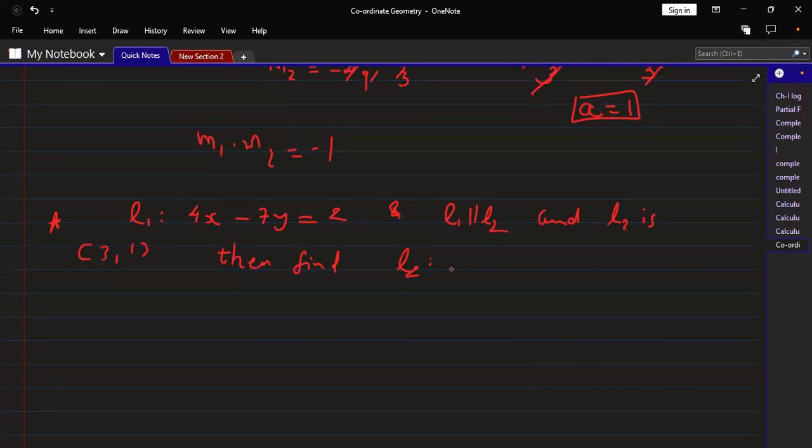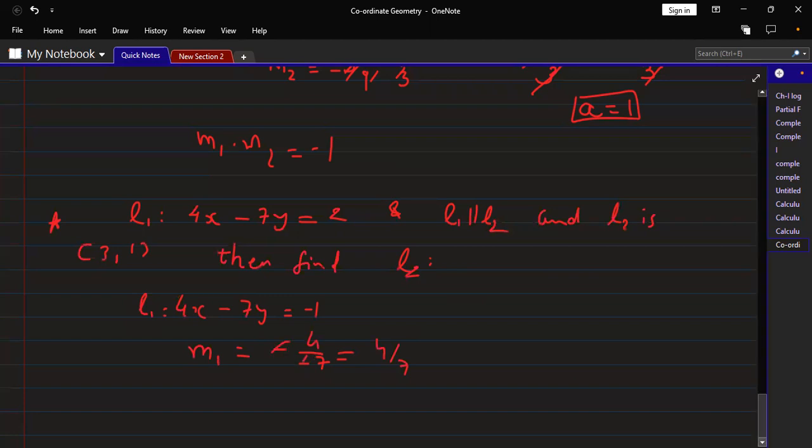So we just have to find L2 from L1. Now L1 is there. Okay, so your M1 is same, minus 4 upon minus 7. So it will be 4 by 7.